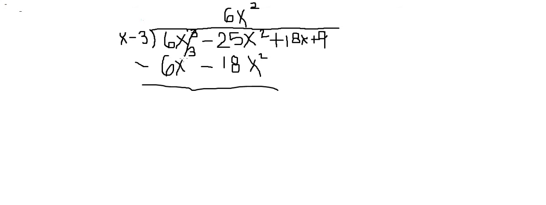And then these two would cancel each other out. And then a negative 25x squared minus a negative 18x squared would basically equal negative 7x squared.